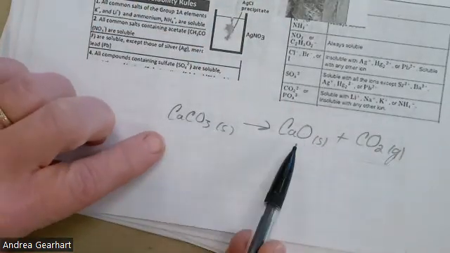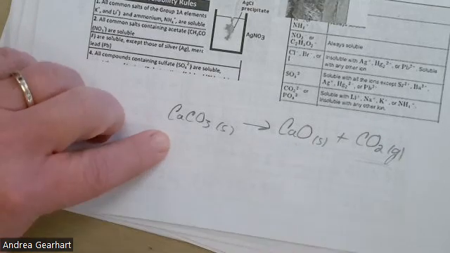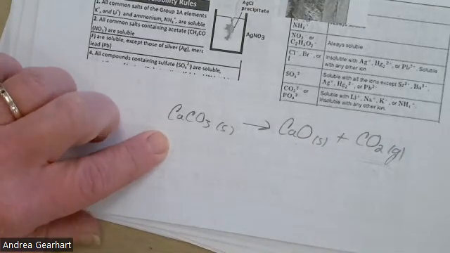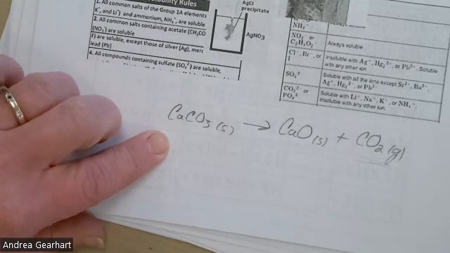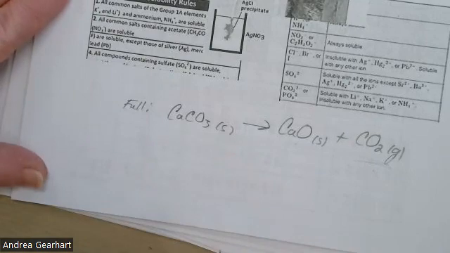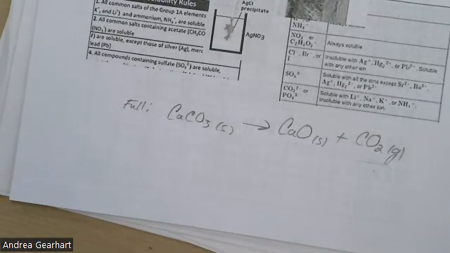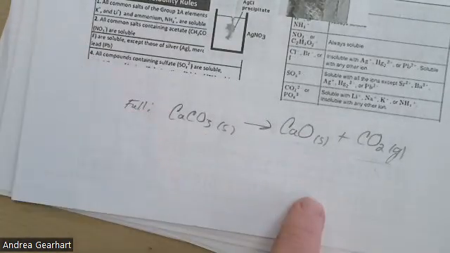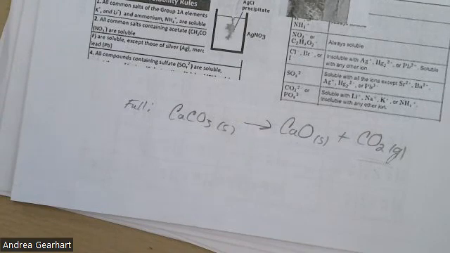Will anything here really be existing as ions? No. So we would call this the full equation. It's not that we don't have an ionic equation. It's just the same. And then the same net ionic. So it's not that we don't have those other versions. They just won't be any different.